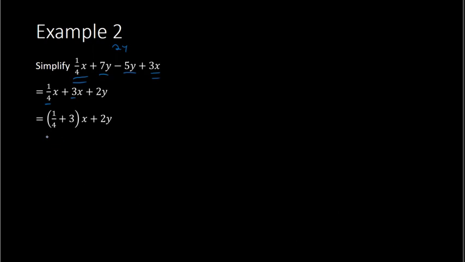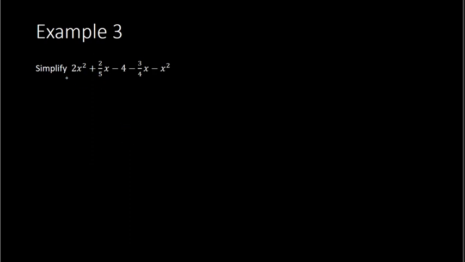I could leave this as a mixed number of 3 and 1/4, and then times x, and then plus the 2y at the end. If you wanted an improper fraction, you could do 3 times 4 plus 1 to get 13 over 4x plus 2y. Either is fine, just depends on your context of which one you're going to want to use, but this one might be the best way to write it.